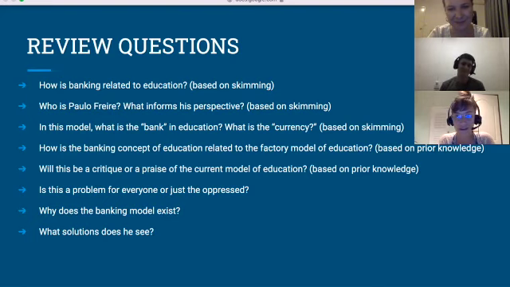Okay, so this one is based on prior knowledge because we've learned what the factory model of education is. So how is the banking concept of education related to the factory concept of education? Did we get that? He doesn't spell this out super clearly, but you could probably infer some connections. Yeah, I think I would infer that you're churning all kids through the same curriculum.